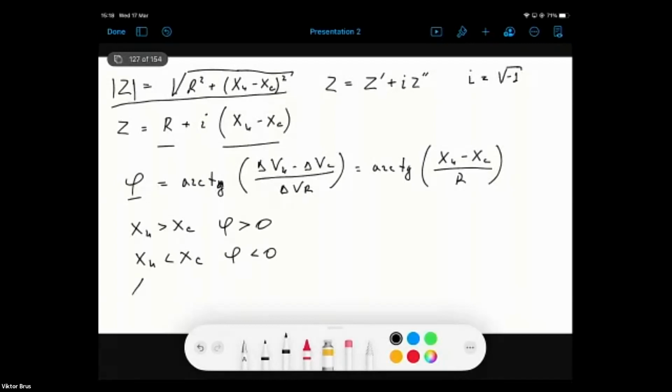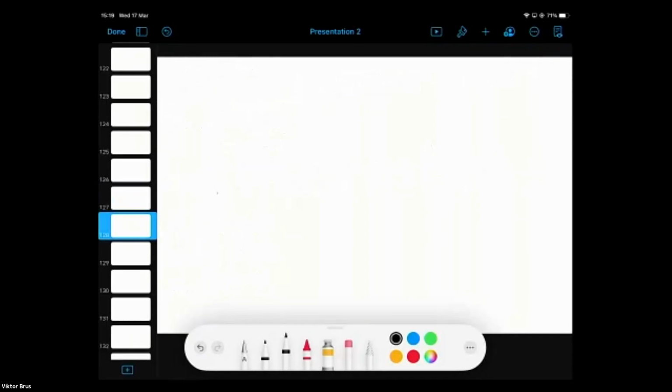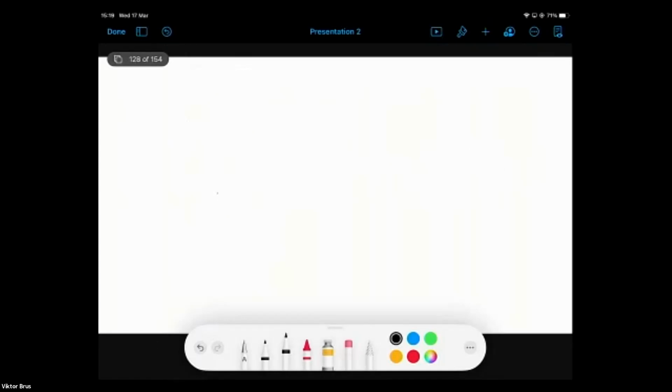And another special case is when these inductive and capacitive reactances are equal to each other, so they compensate each other. Phase shift is equal to 0, and electric circuit behaves like an active resistor without any reactive components. So next step will be to deal with electric power in such AC circuit.